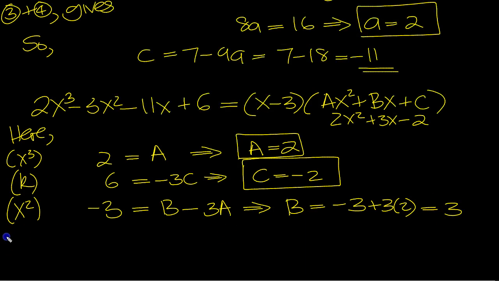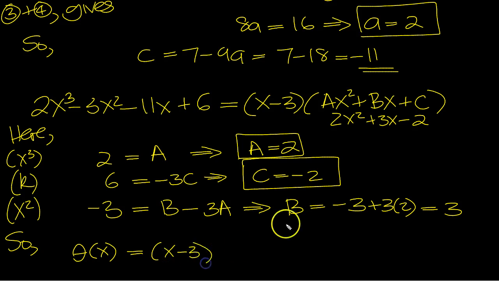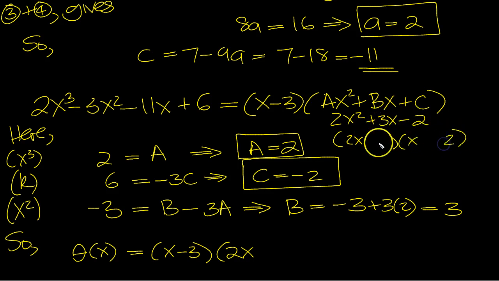Okay, that's good. So f of x then is equal to x minus 3 times this. Now factorize this: a 2x and x. It's going to be a 2 and a 1, has to be. There's a plus 3 here, so 2 and 1. This is a plus, this is a minus. Let's just check that, 2x squared.